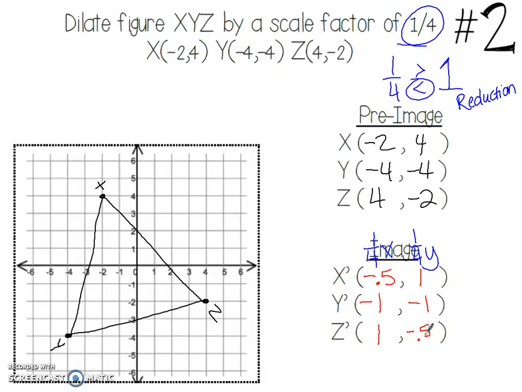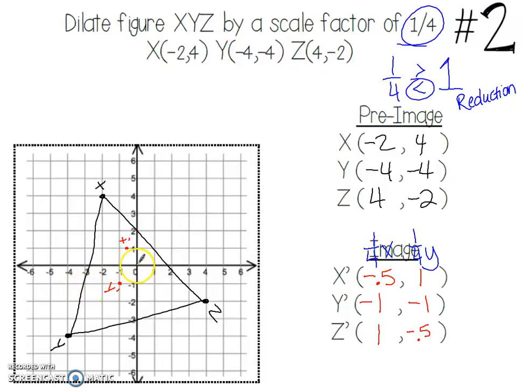All right, so now I've got to plot my points. Now, how do I plot a half? In the middle. So I've got to go left a half a point, and then do I go up or down? Up, and that is my x prime. Then my y prime, I start here at the origin, and I go left 1, down 1. That is my y prime.